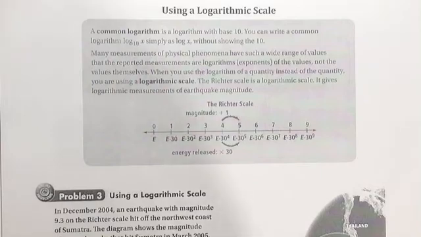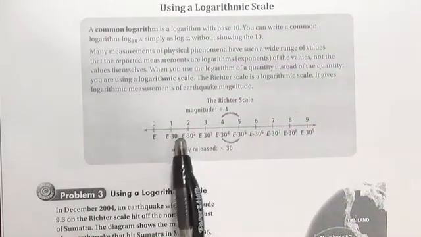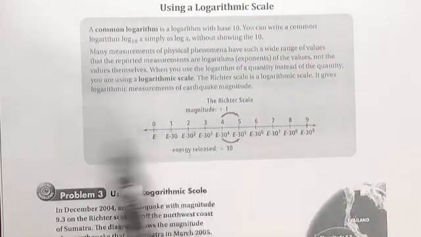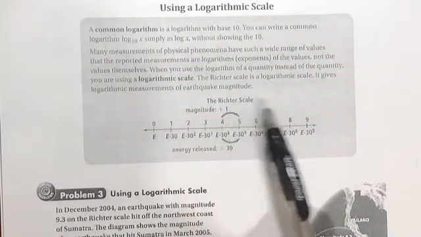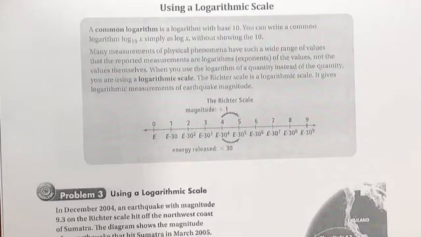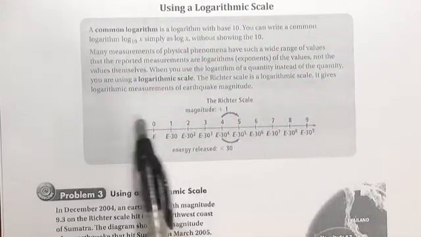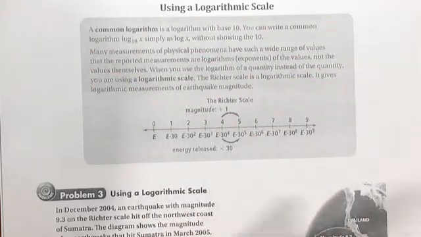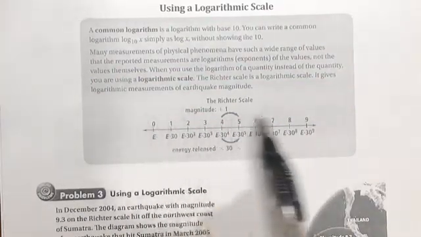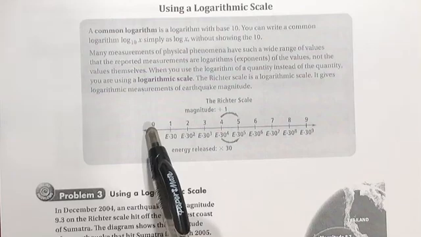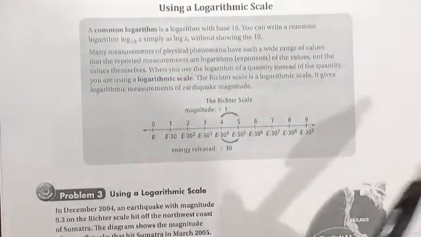So the Richter scale that they measure earthquakes in, the magnitudes of earthquakes, the difference between the earthquake strengths is actually really, really big. So to make that scale a little bit easier to understand, they use logarithms to downsize the numbers so that it's easier to report the size of the magnitude.